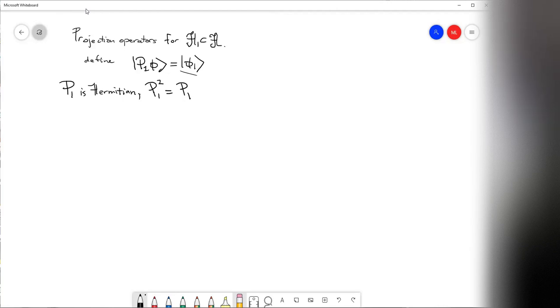So that's a defining feature of a projection operator. And you can also show that if some operator A satisfies A dagger A is equal to A, then A is a projection.